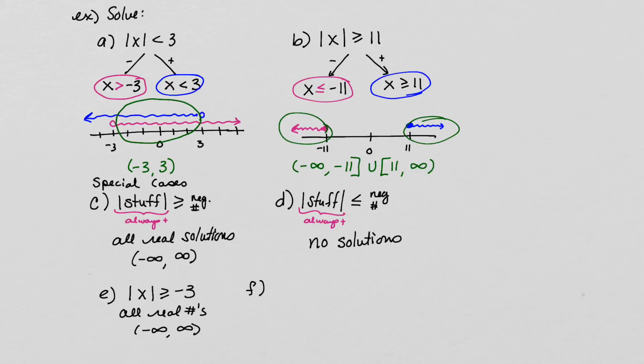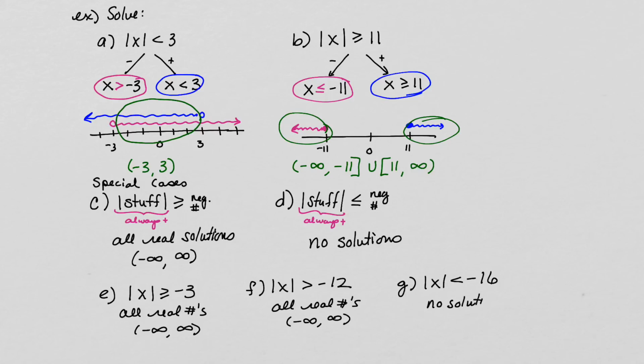It works even if it's just greater than. If I had the absolute value of x greater than -12, again, that's going to be all real numbers, minus infinity to infinity. And if I had the absolute value of x, say, less than -16, that's going to be no solution. So the absolute value can't be smaller than a negative number, but it can definitely be bigger.